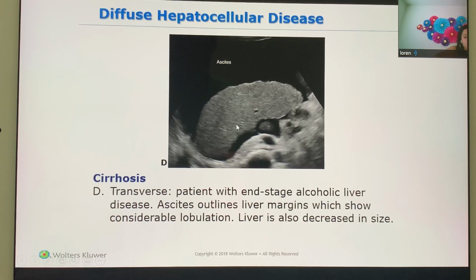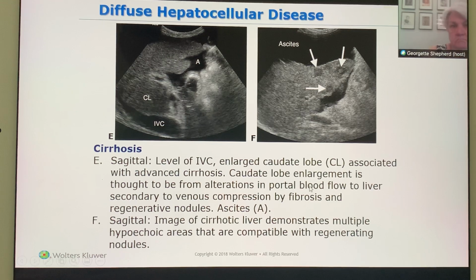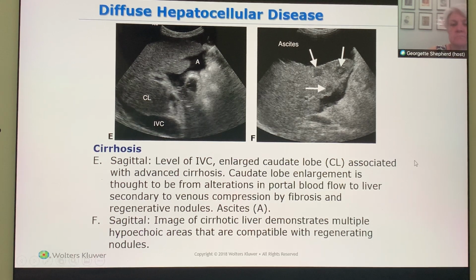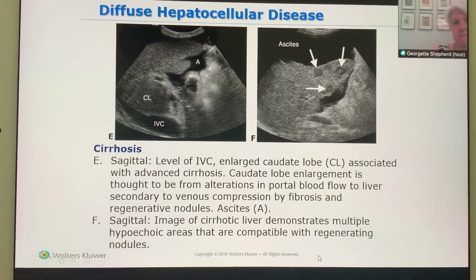So here is a very small liver with ascites. Here you have some nodules that are seen. They almost look like bullseyes, right? Because of hypo with hyper in the middle. It says here that it's regenerating nodules.